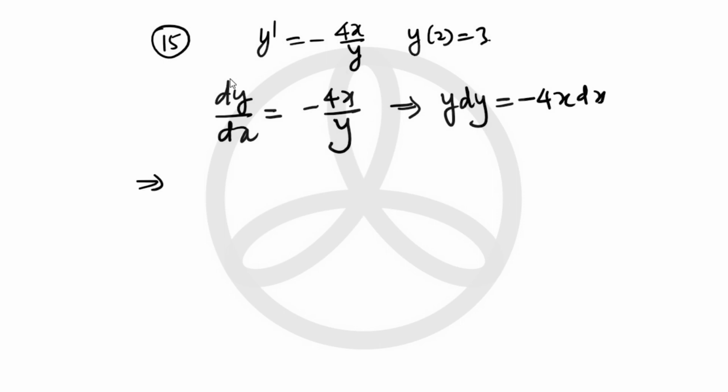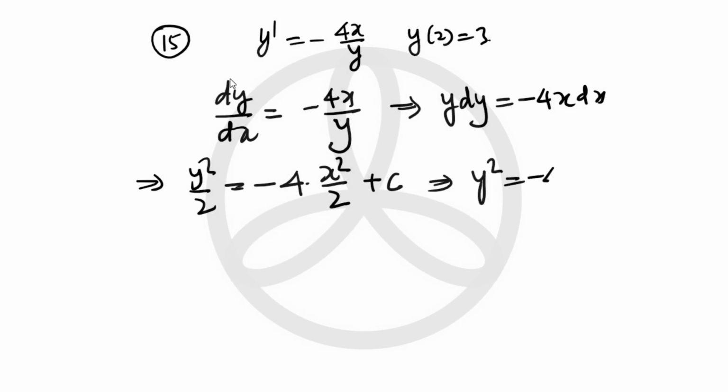Upon integration of this equation we get y square by 2 equals minus 4x square by 2 plus a constant c. If we multiply the entire expression by 2, we get y square equals minus 4x square plus 2c, which I will write as a different constant c1, so y square plus 4x square equals c1.